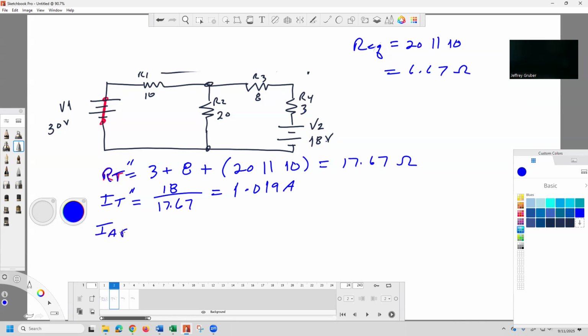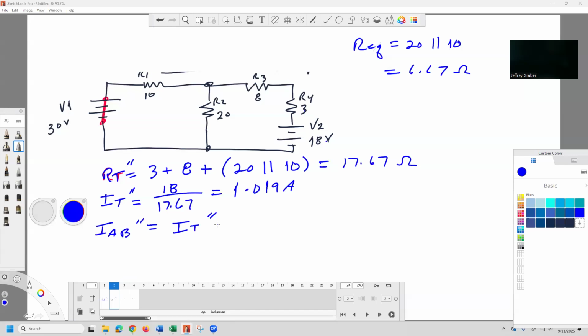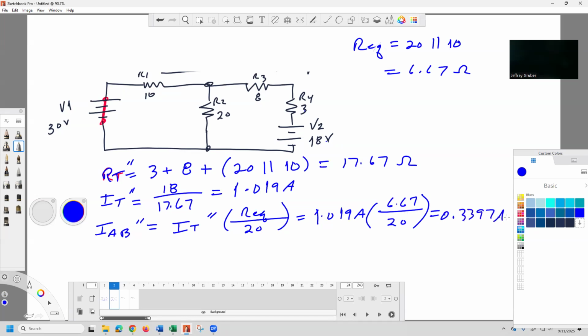And then IAB double prime is IT double prime REQ divided by 20. So that's going to be 1.019 amps times 6.67 divided by 20. And then I got 0.3397 amps.